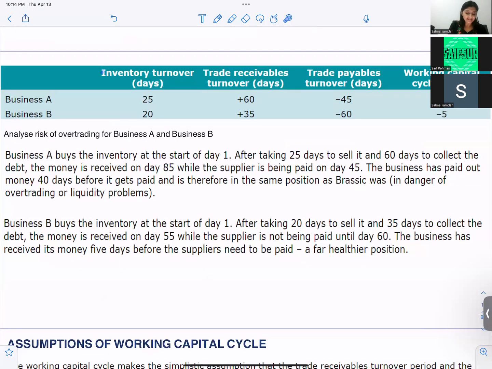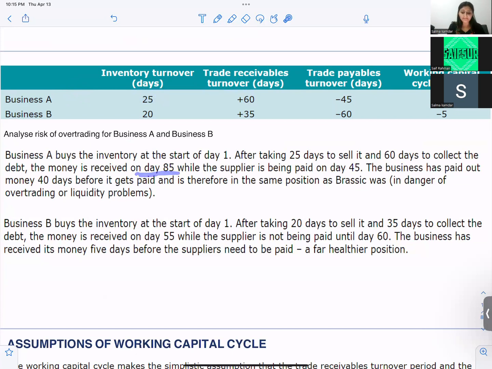Business A is buying the inventory at the start of day one. It will take them 25 days to convert the inventory into sales. Then it will take them 60 days to collect money from the customers. So they will receive the money on the 85th day.